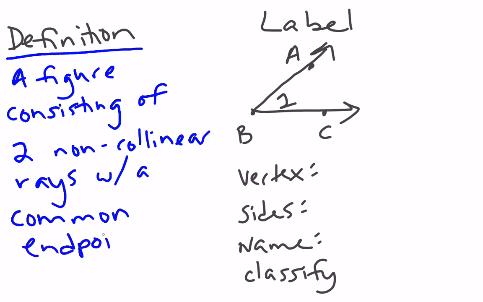So on the left part of your paper, you'll find a box that has these, and what we're going to do is learn how to label angles, which is super important. We call the vertex of the angle the pointy part where both your rays are meeting.